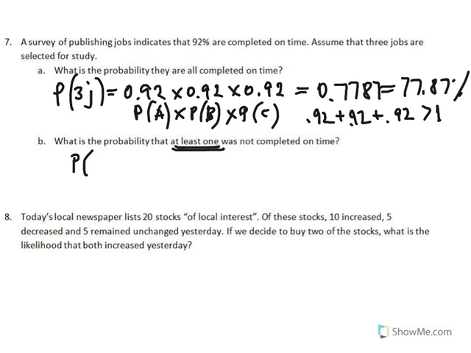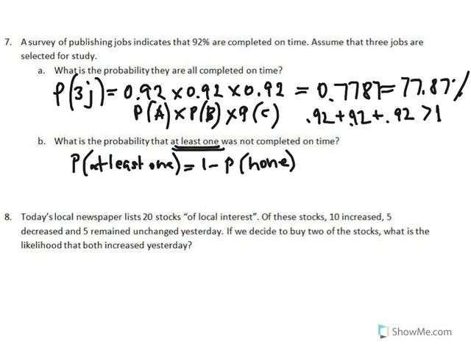So probability of at least one will be 1 minus probability of none. You understand that? So probability of none would be the complementary event of probability of at least 1. These 2 are opposite events, right? So probability of none plus probability of at least 1 would be 1.